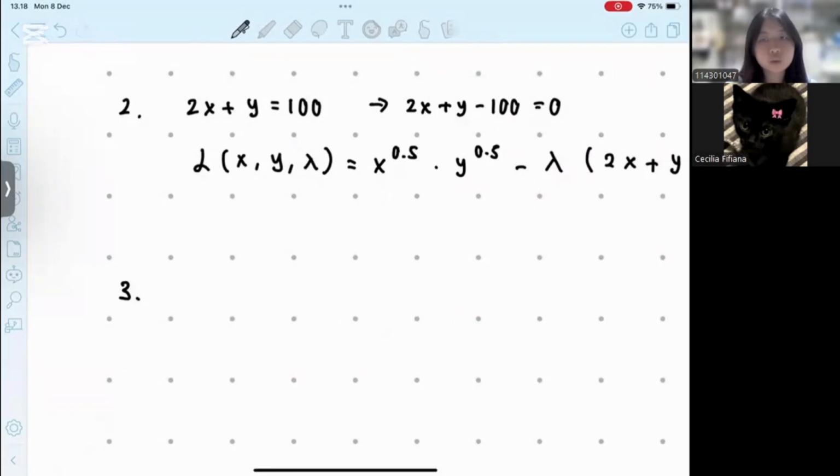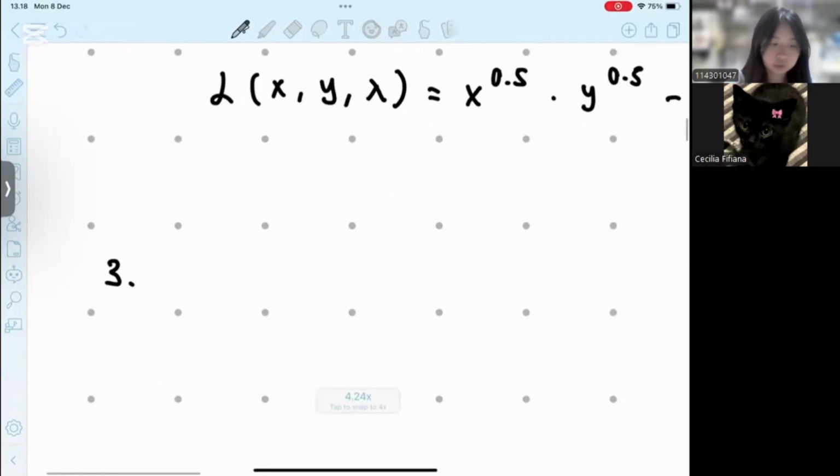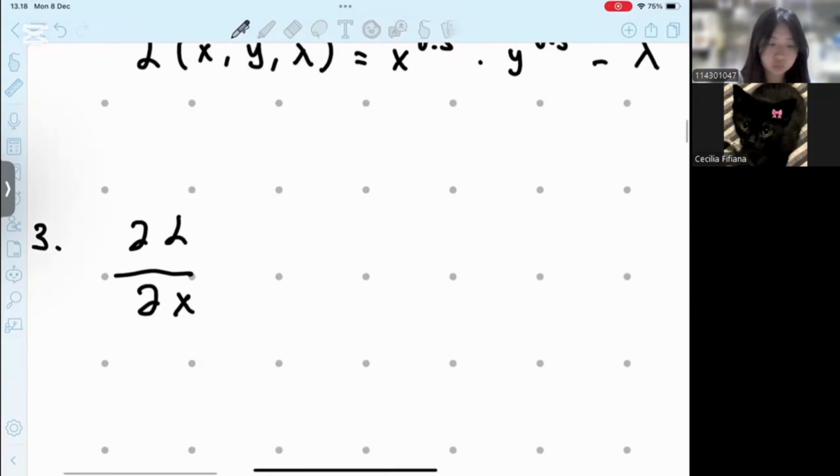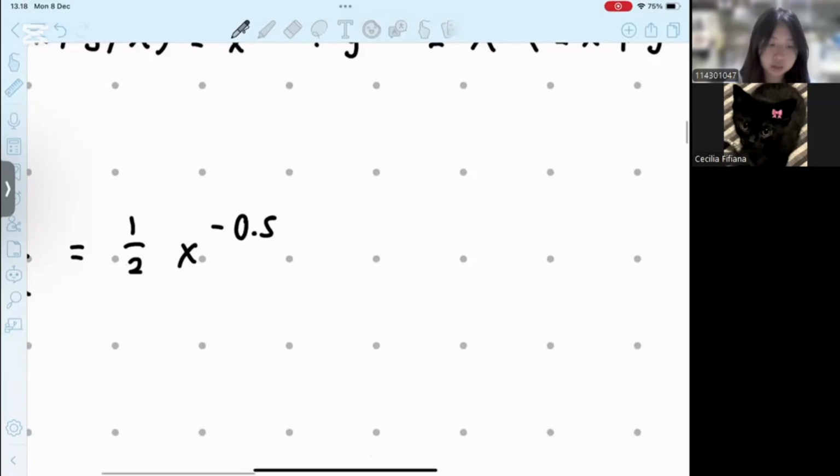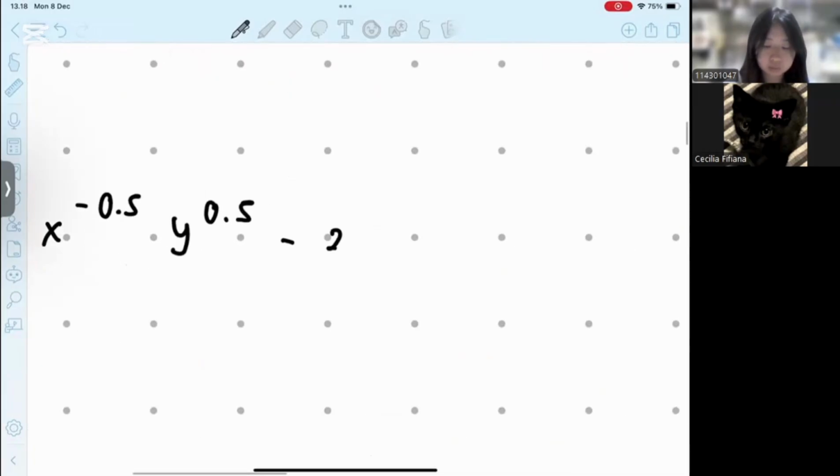Okay, so for the third question, we were asked to solve for the optimal quantities of good x and y. For this one, we could just use the partial derivatives. The partial Lagrange with respect to x equals 1/2 x to the minus 0.5 times y to the 0.5 minus 2 lambda equals 0.